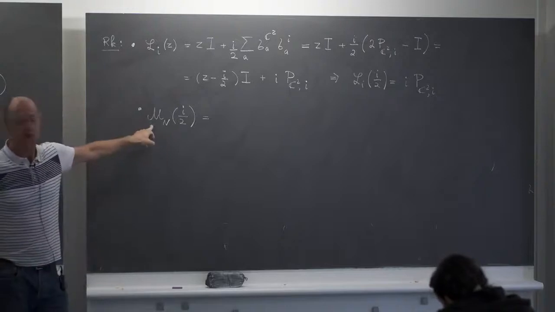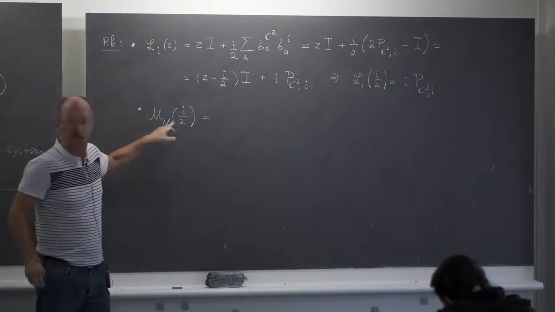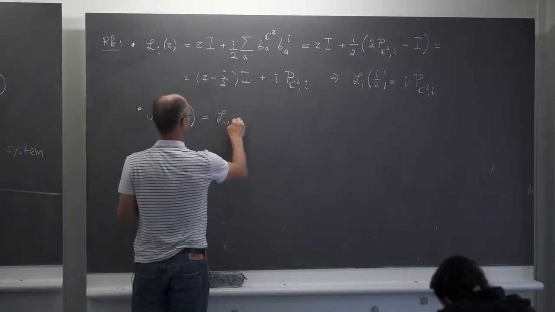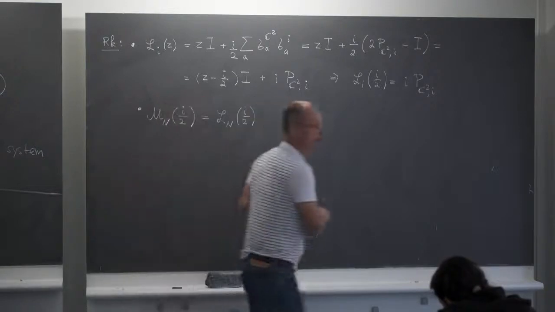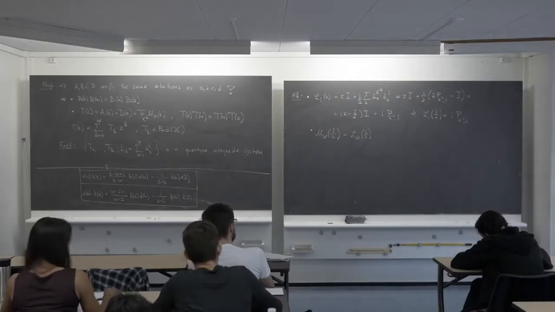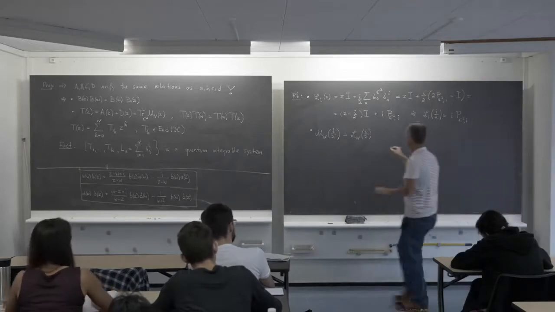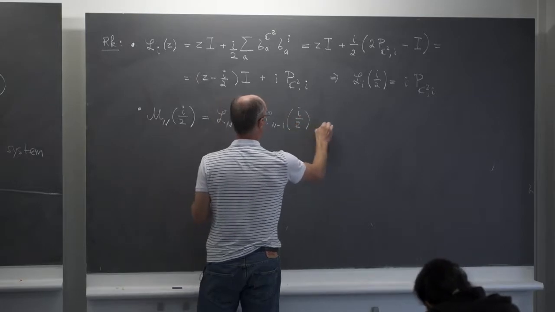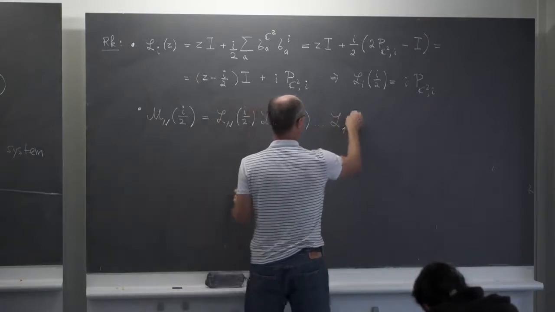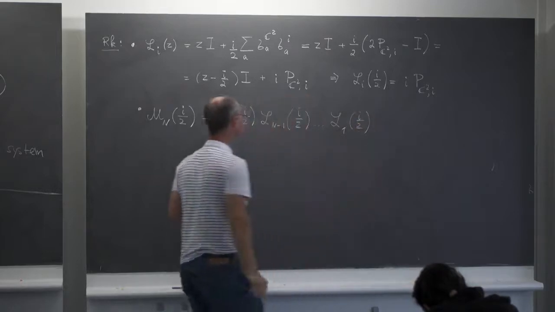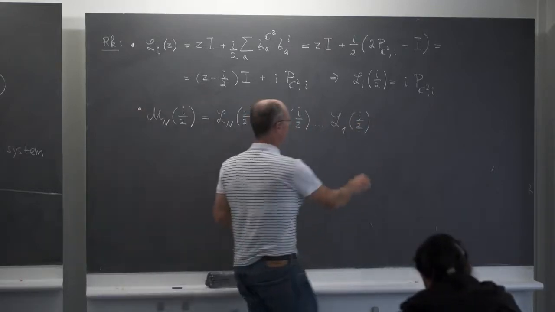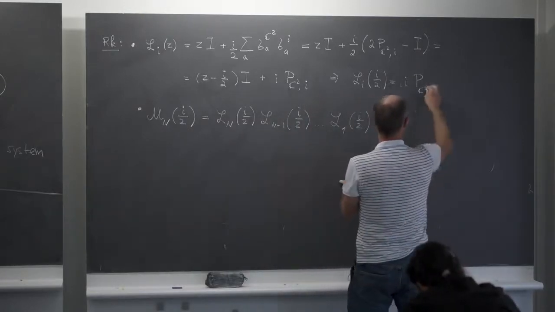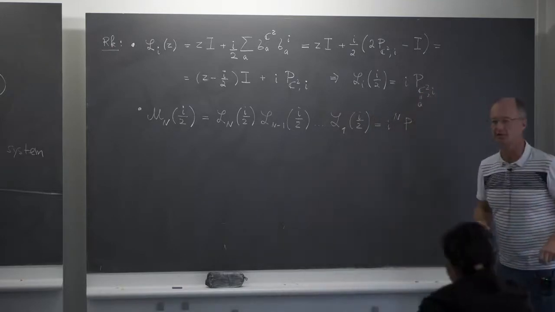It's interesting to compute what this transfer matrix looks like at that point. So this is L_n of i/2, L_{n-1} of i/2, and so on, L_1 of i/2. And this is equal to i to the power n, P, let me call this thing A for auxiliary.